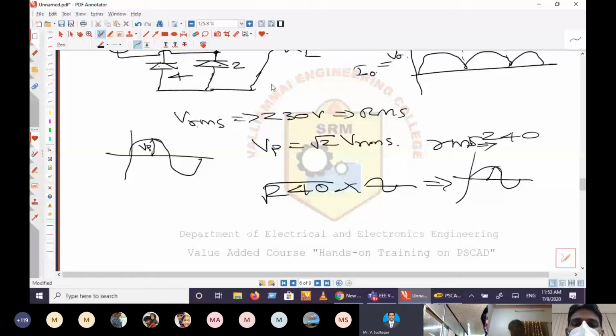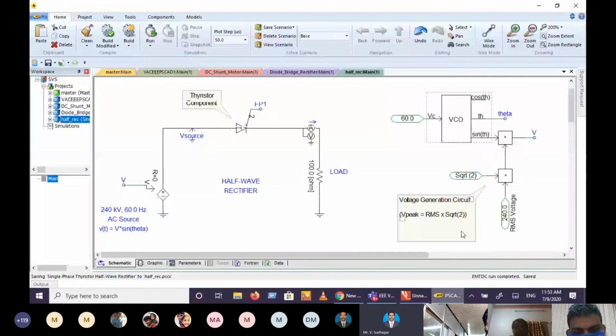It will be multiplied with 240 to define the peak value. That is what it is meaning. Square root of 2 is multiplied with RMS. Square root of 2 into RMS is the peak value. This peak value is multiplied with the sinusoidal. We can get the sinusoidal voltage with a specific peak value and RMS value.